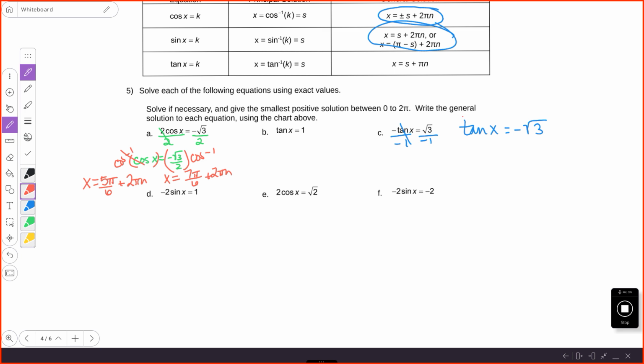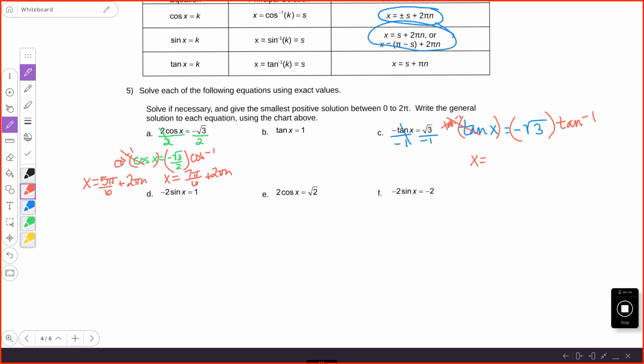So in order to get rid of the word tangent, I have to inverse tangent. So now I'm asking myself, where does tangent equal square root 3? So I can go back to my chart and look. Where does tangent equal square root 3? Pi over 3, but it's negative. So I need to know what quadrant is tangent negative in.